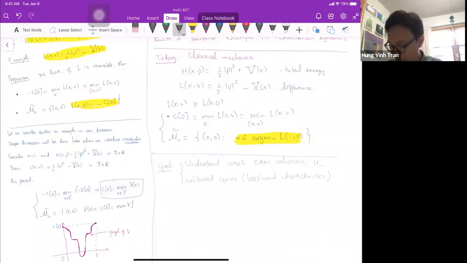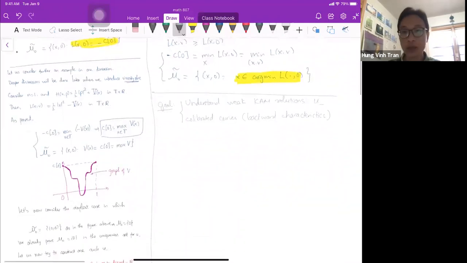Okay, let's start first with the PDE, and then we go from the PDE to discuss the dynamics.